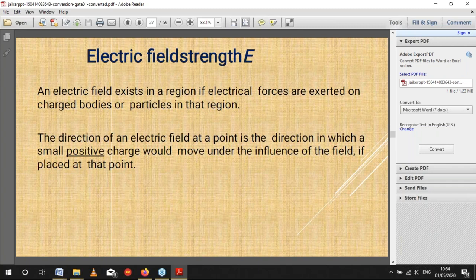Work out the force acting between the nucleus and the electron.